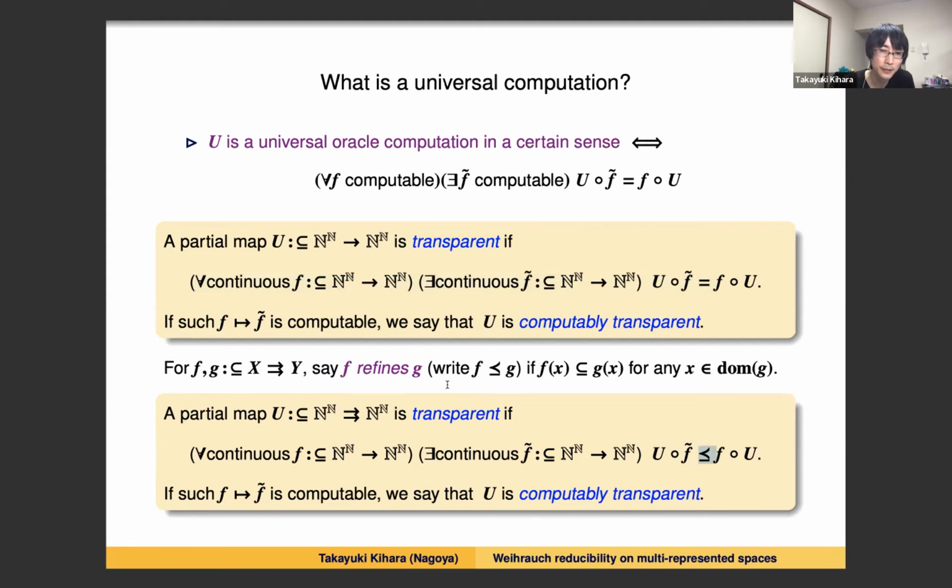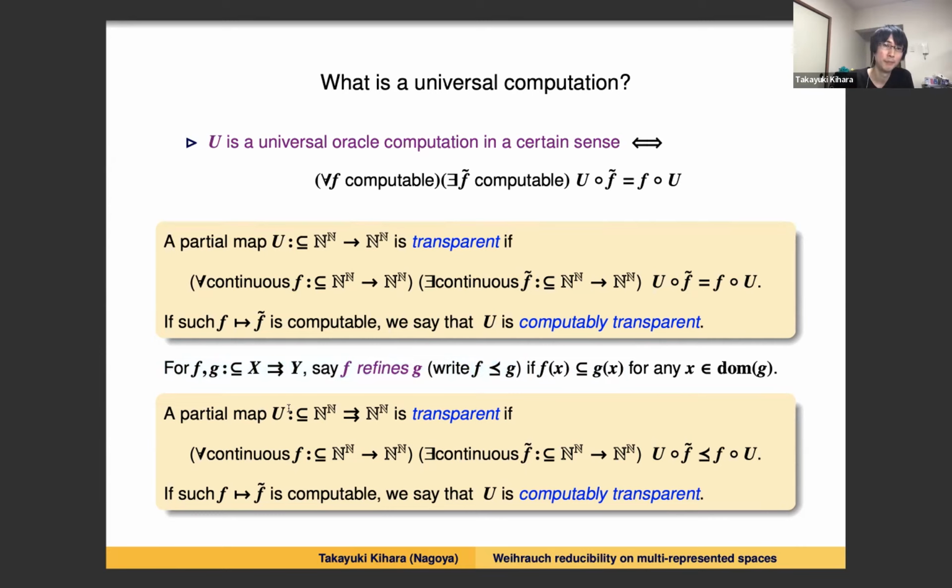Refinement means that if f and g are multi-valued functions, then we say that f refines g if f of x is a subset of g of x. That is, if g of x is defined, then f of x is also defined and is a subset of g of x. In this case, we say that f refines g and write it like this.